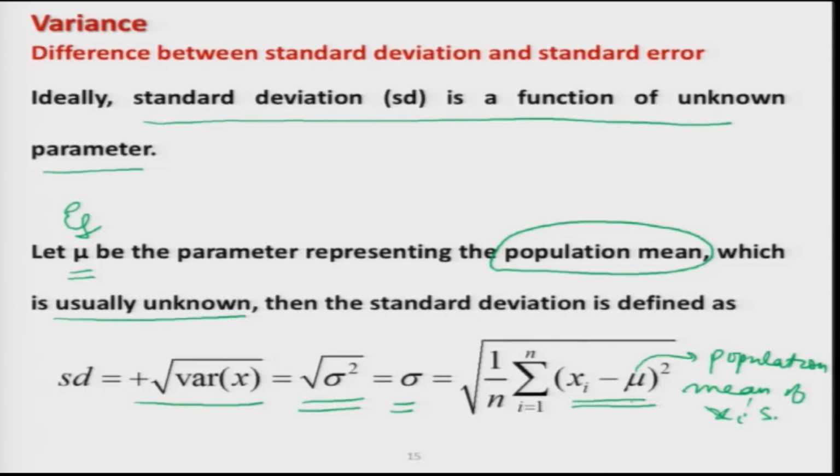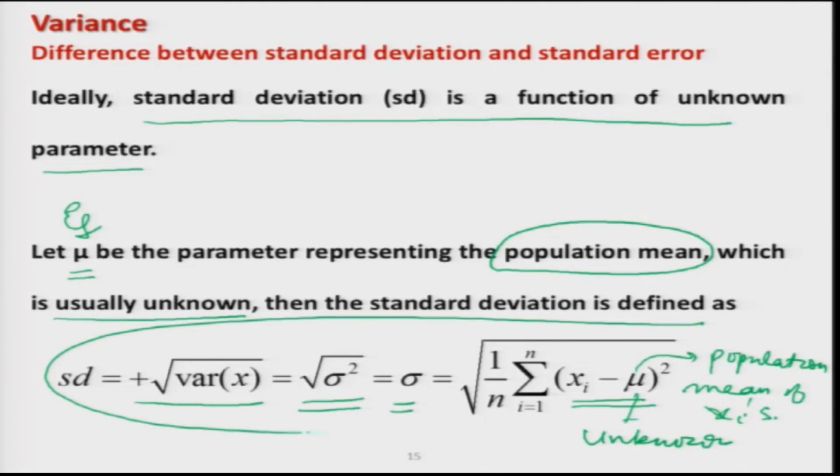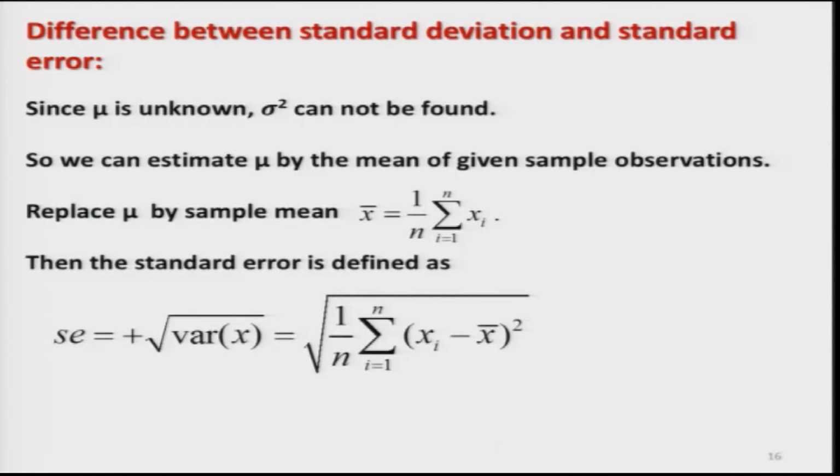But since this mu is unknown, you cannot compute it. Why? Because how will you get the value of mu? So, in that case sigma square cannot be found.